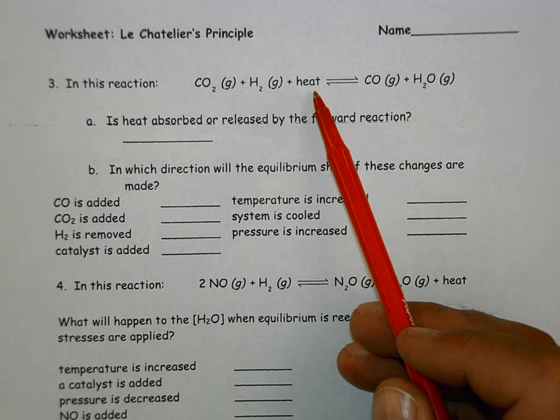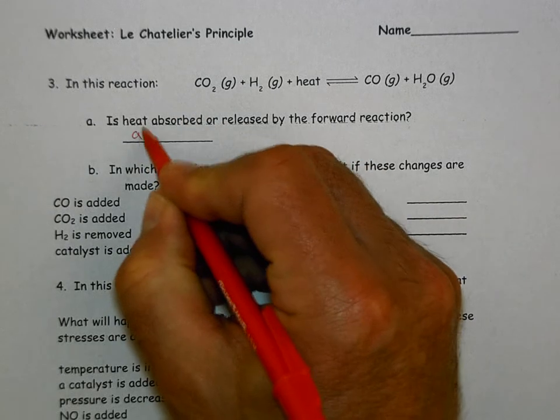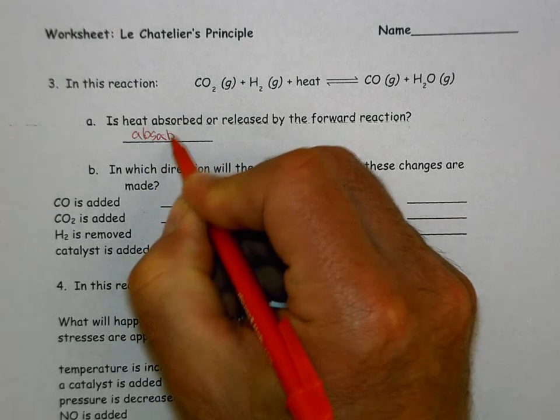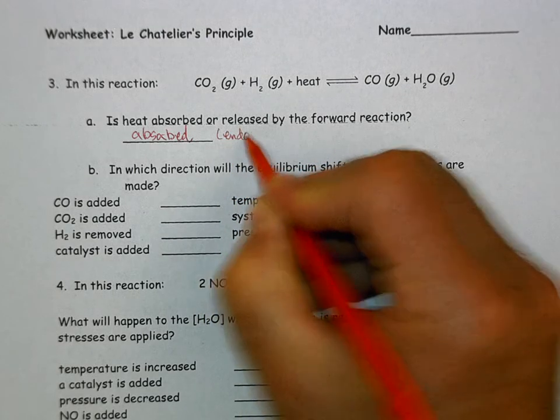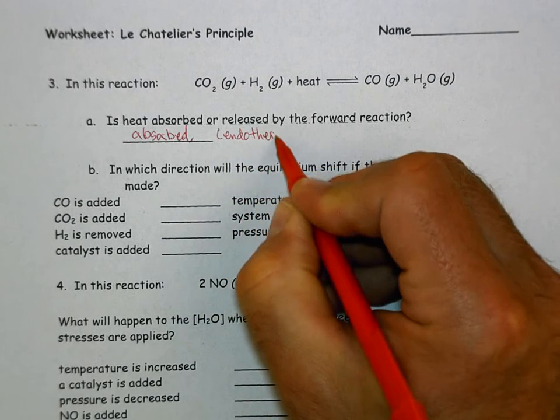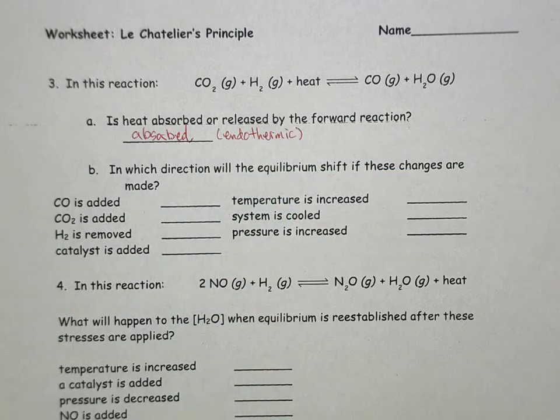If it's on the left side, we say it's absorbed, which is endothermic. The previous reaction, it was on the right side, which would mean it's released, and we would say it's exothermic. All right, just as before.